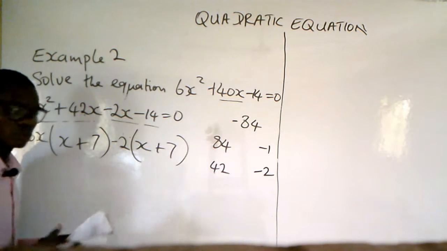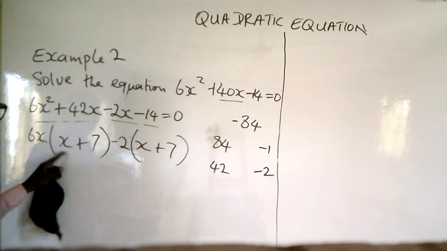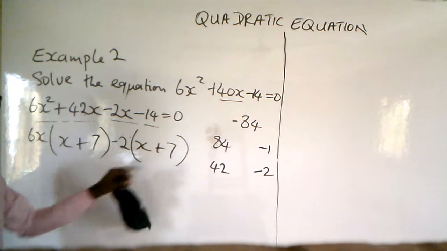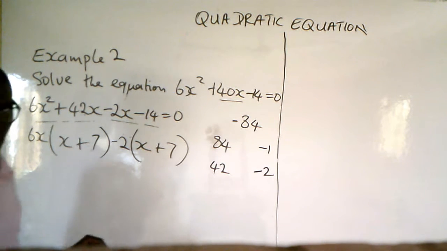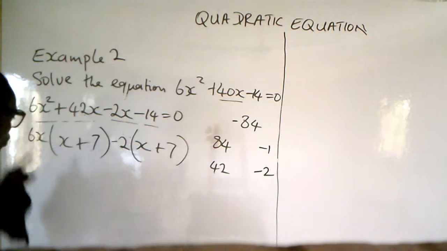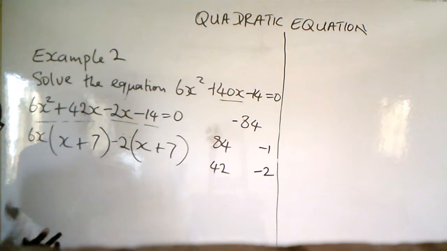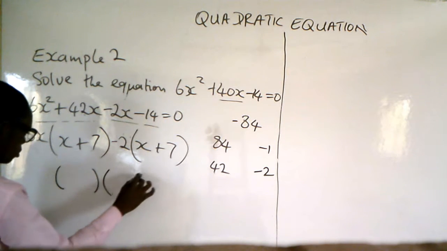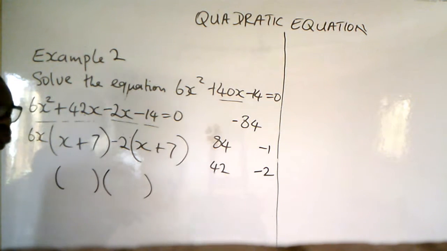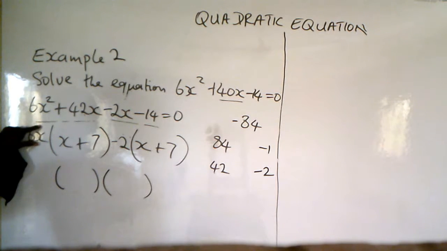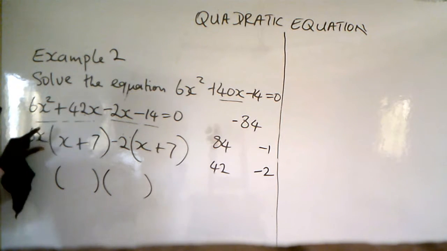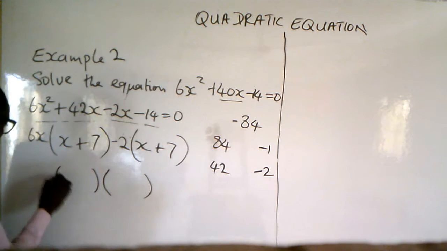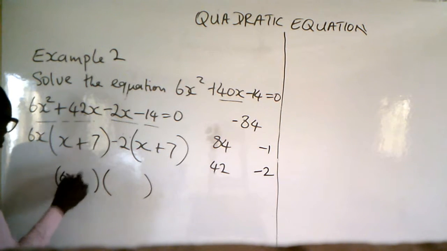Now when you observe, you will see that the expression in this bracket is repeating itself here. That is when you know that you are on the right track. Having succeeded in doing this, you create two empty brackets. The items that are outside the bracket will be in one bracket, which is 6x minus 2.